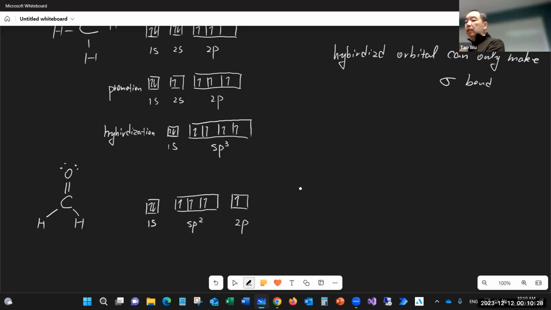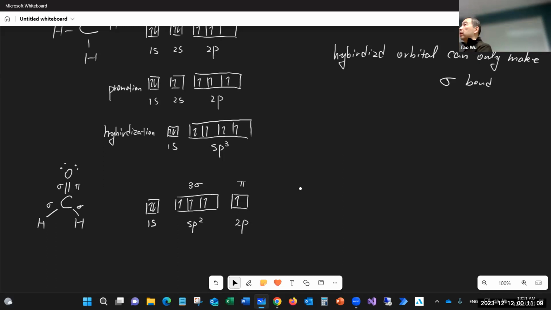So now we can explain this. Three of the hybridized orbitals can make three sigma bonds. In the central carbon atom, we do have three sigma bonds, including one of the sigma in the double bond. And the 2p orbital can make the pi bond. So this one makes a pi, and the others make three sigma, and then it can explain this. It makes sense, right?